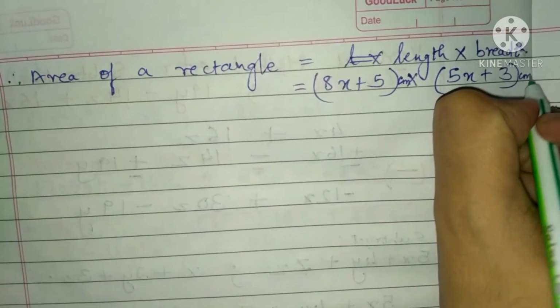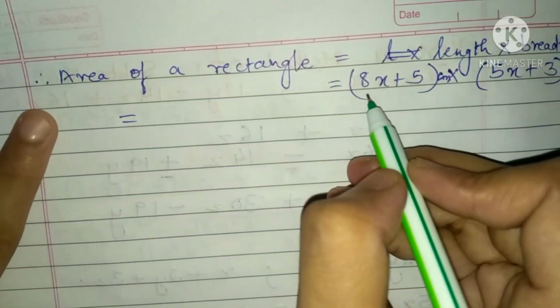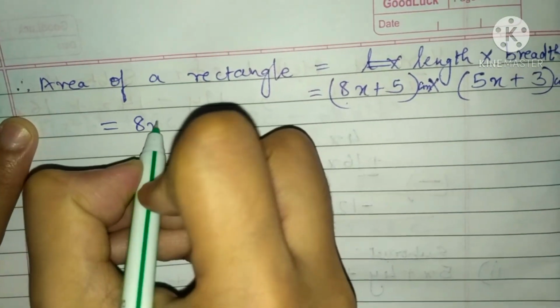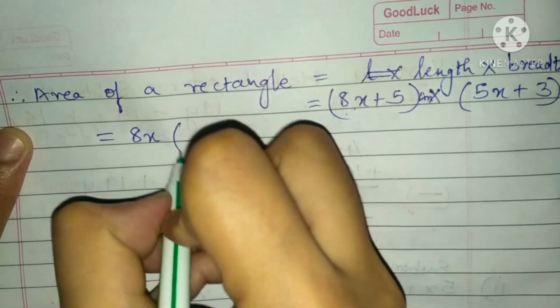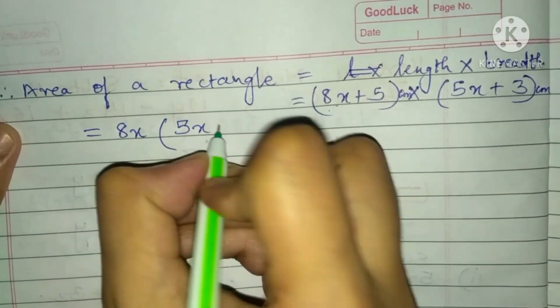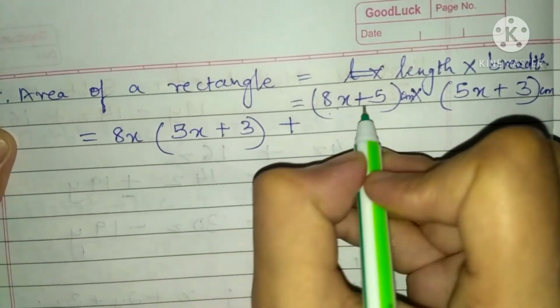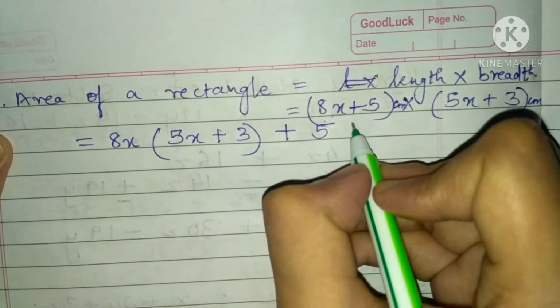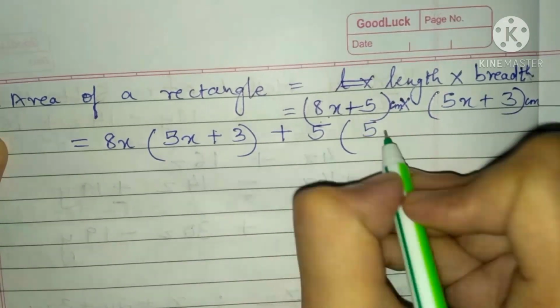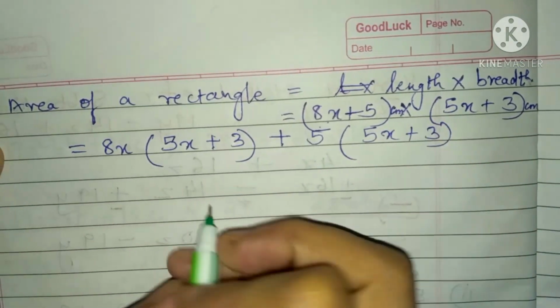See, centimeter. Now we will carry out the multiplication. So the first term you will multiply with the whole second expression, 5x plus 3. Then the first expression's second term, plus 5, you have to multiply with the whole second expression.